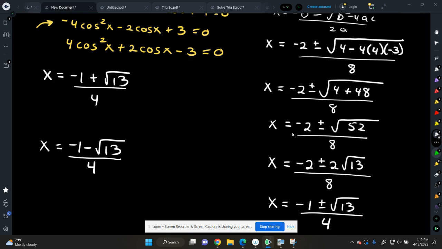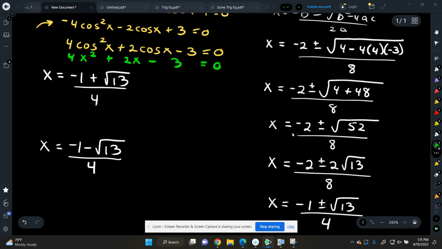However, what am I going to say? I just used the quadratic formula to solve for x, but it's not actually x, is it? It's cosine x, right? Because what we did is we took this equation and we changed it. We said, okay, 4x squared plus 2x minus 3 equals 0. So what we were actually doing is we were saying 4x squared, that's 4 cosine x squared, 2 cosine x.